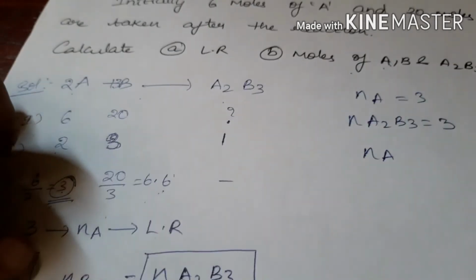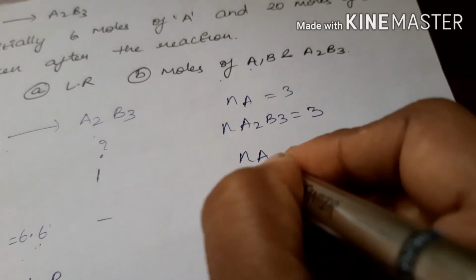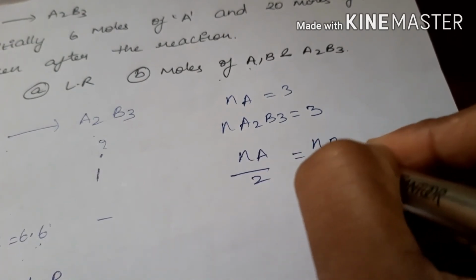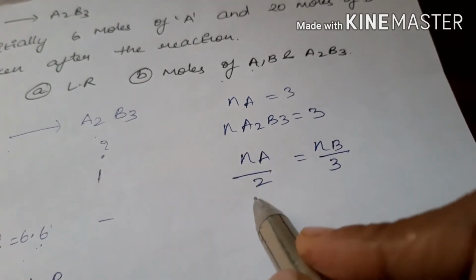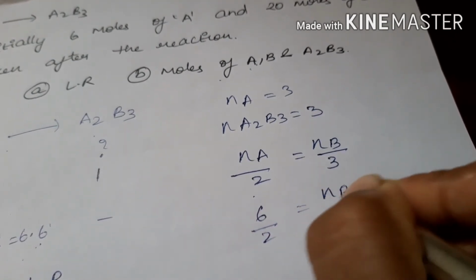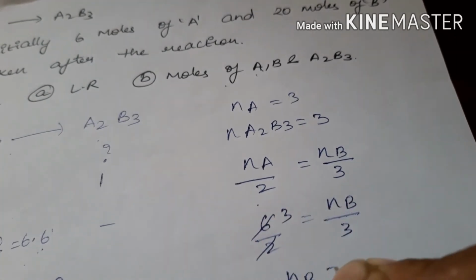That means we have to compare like this: Nb by 3 and Na by 2. If we compare this, Na by 2 is equal to Nb by 3. Na by 2, that is 6 by 2, is equal to Nb by 3. Here Nb is equal to 9.